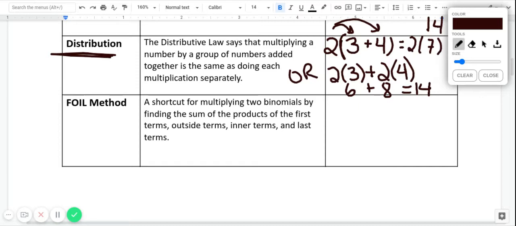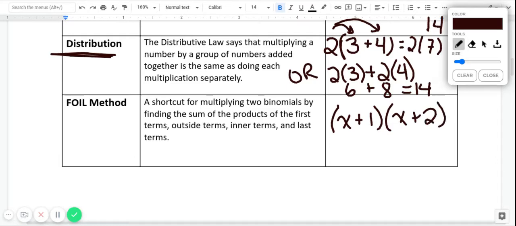So, in the FOIL method, I'll put this up here, but this is just a shortcut for multiplying 2 binomials by finding the sum of the products of the first terms, outside terms, inside terms, and last terms. Which just means you have a binomial, x plus 1, and another one. This has to be 2 binomials. x plus 2.